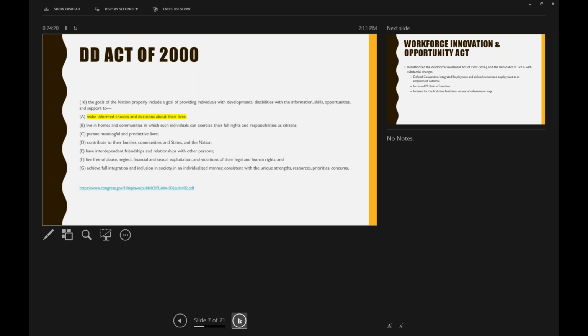It's also about living in the home and communities in which they can exercise their full rights and responsibilities, pursue meaningful and productive lives, contribute to families and communities, have interdependent friendships, live free of abuse and neglect, and achieve full integration and inclusion in society in an individualized manner consistent with unique strengths, resources, priorities, and concerns. So here it is. This is in the law of the DD Act, which governs the DD services in each state.